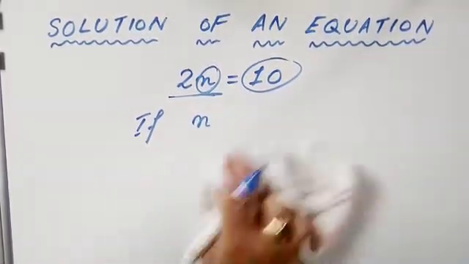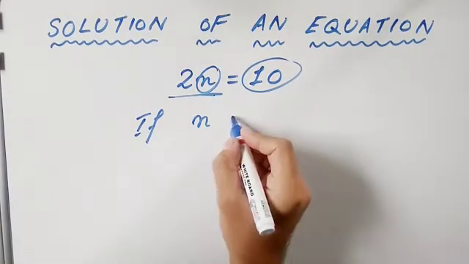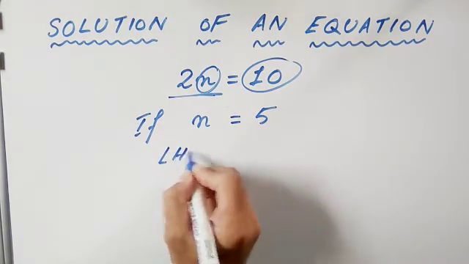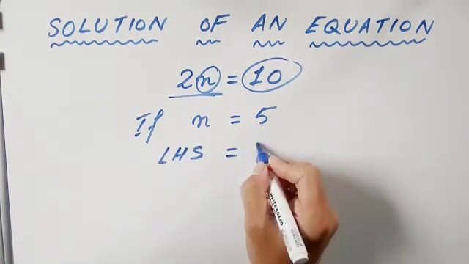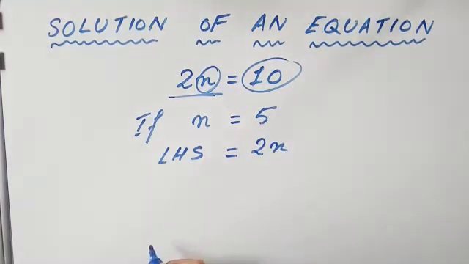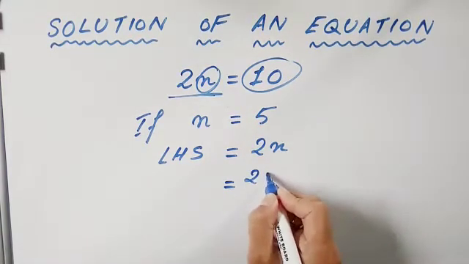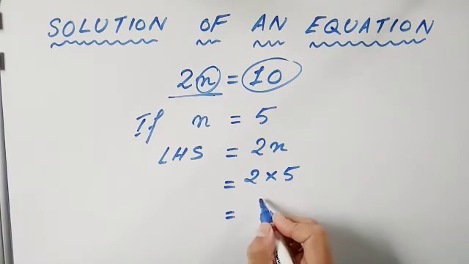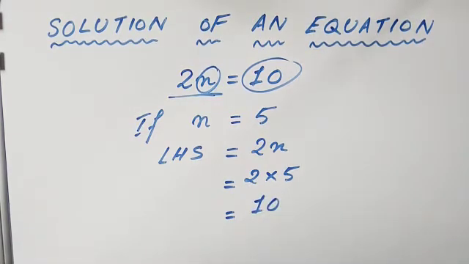Okay, let's try another value of n. So this time let's try n equals, let's say, 5. n equals 5. Then let's find the value on the left hand side. Twice n, right? That means 2 into 5. So what is the product of 2 and 5? Yes, 2 fives are 10.